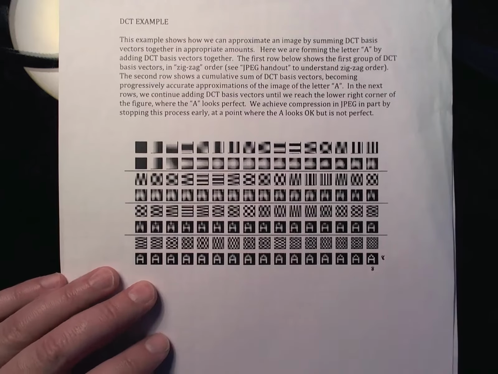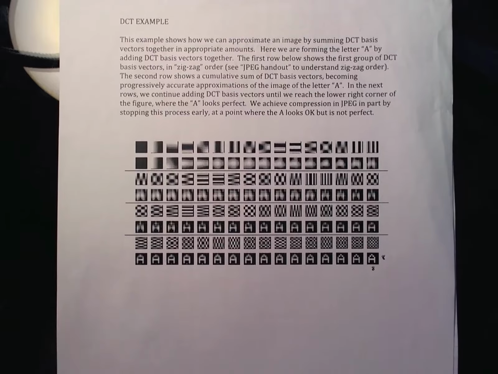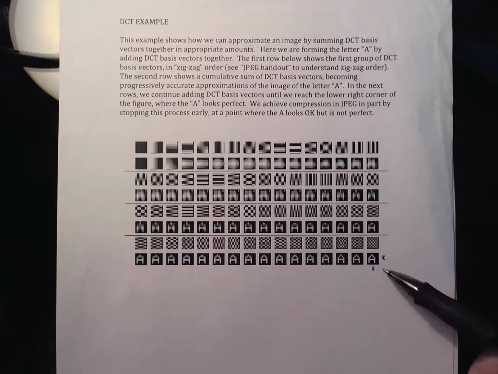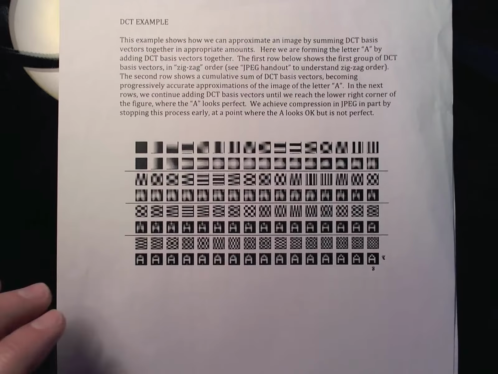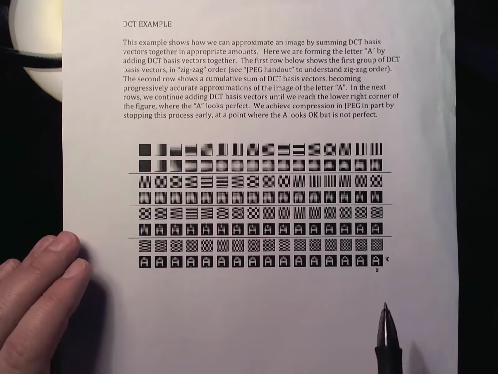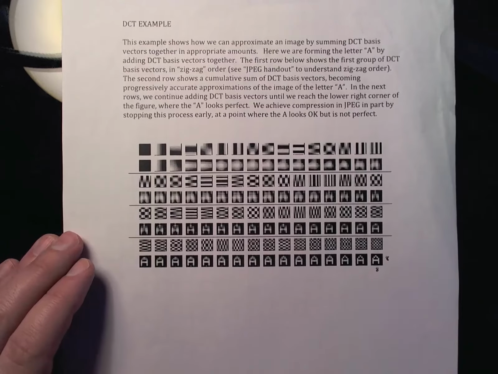And we're going to see this size of image as we move into the method of JPEG compression. What JPEG does is it breaks the image into little 8 by 8 squares and then tackles them one at a time, compresses them one at a time. So let's see how we might compress a little image of the letter A.